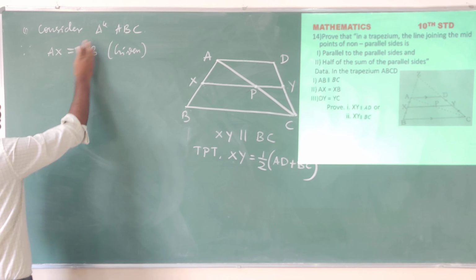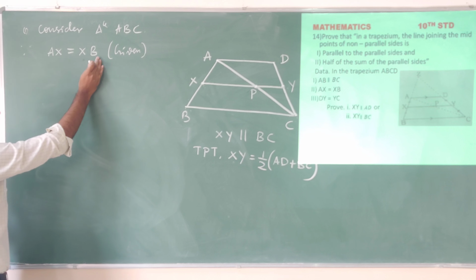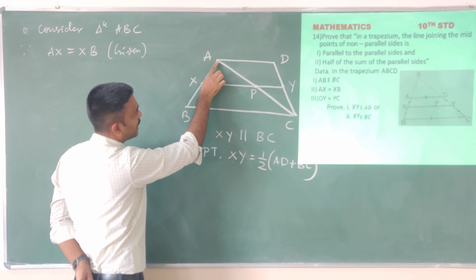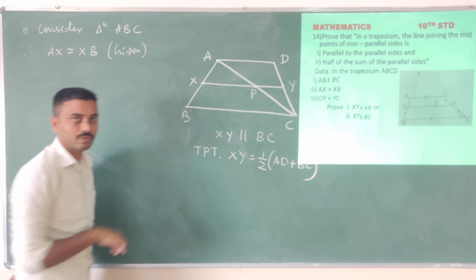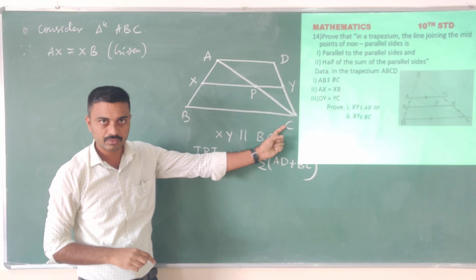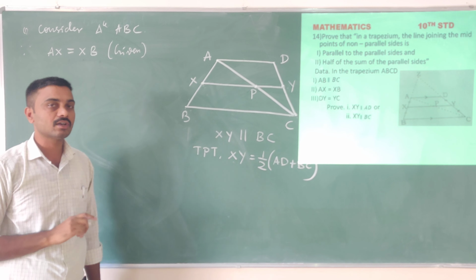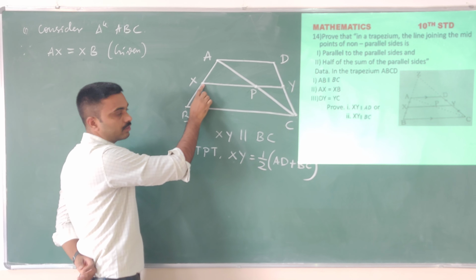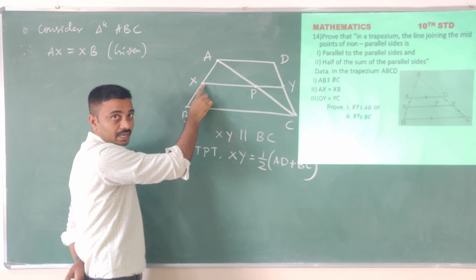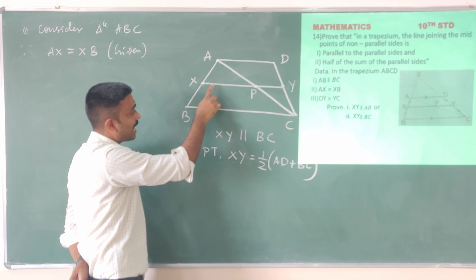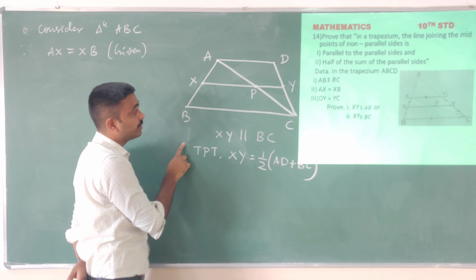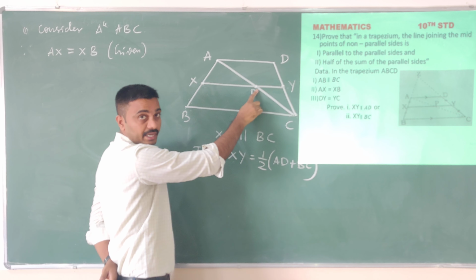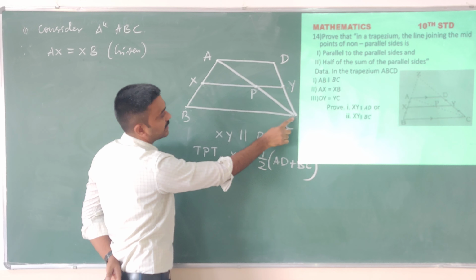For that we consider triangle ABC. Since AX is equal to XB, we know that AP is equal to PC as well. Why is AP equal to PC? Because the converse of the midpoint theorem says that if a line through the midpoint of one side of a triangle is parallel to another side, it bisects the third side, and hence P becomes the midpoint of AC.